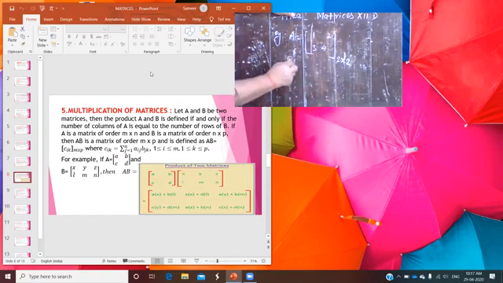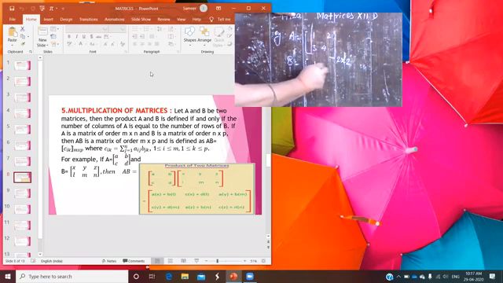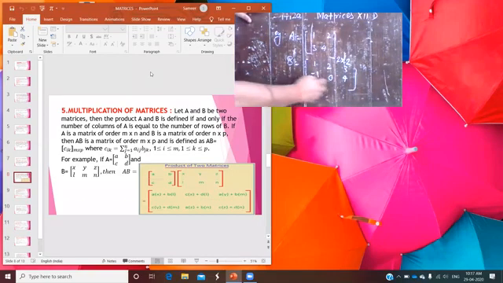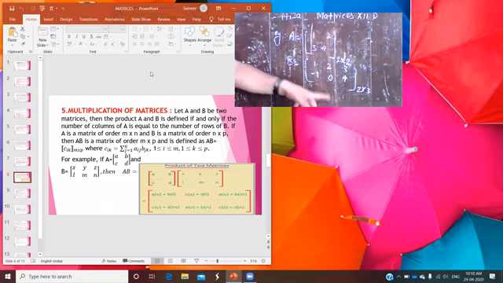Suppose the B matrix is taken as 1, 2, 3, minus 1, 0, 4, which has 2 rows. The order of this matrix is 2 by 3, and the order of A is 2 by 2.